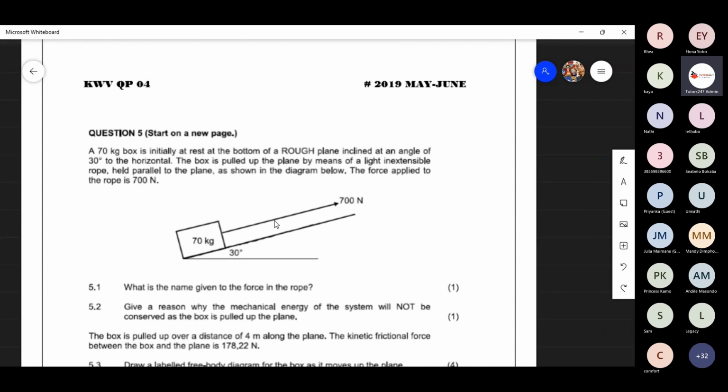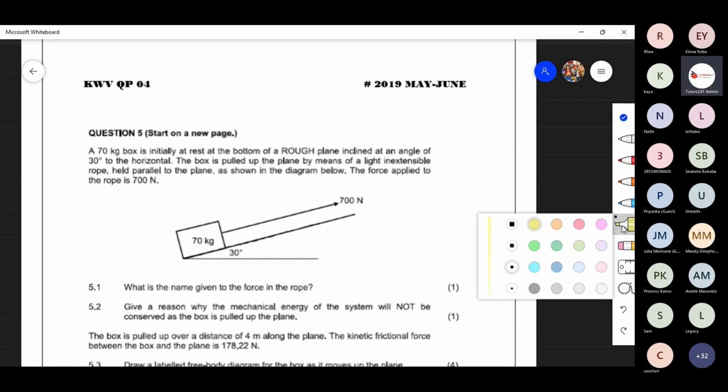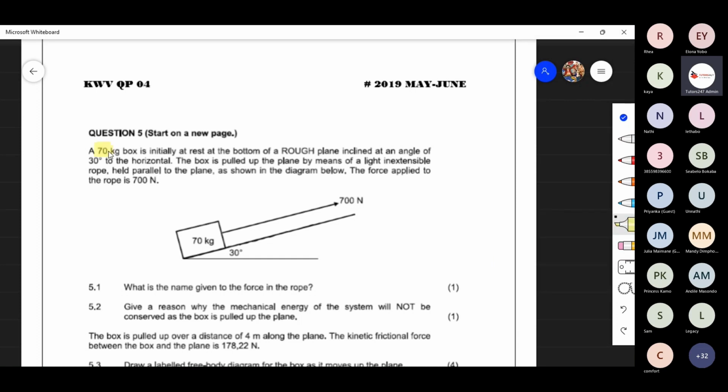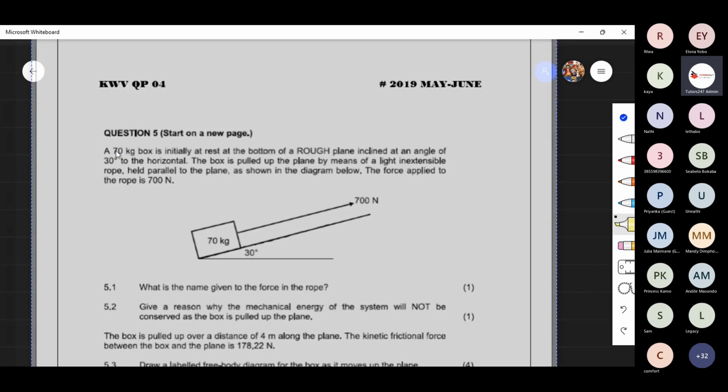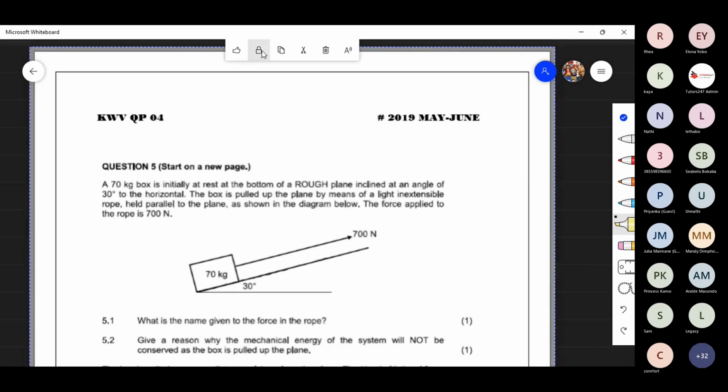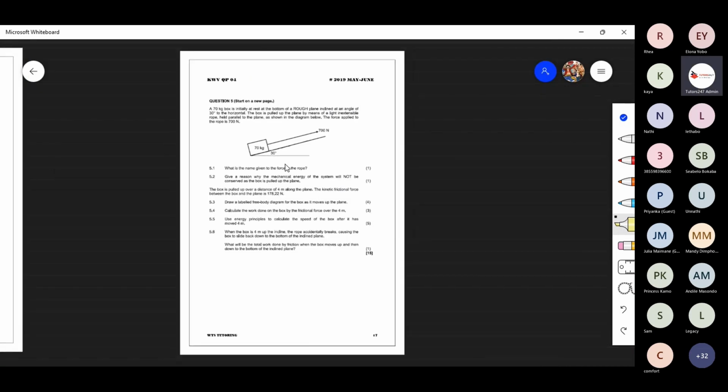So we have question 5. A 70 kg box, so that is important, the mass of this object. Because keep in mind, we need mass to calculate kinetic energy, right? So we now have the mass of this object, which is 70 kgs.